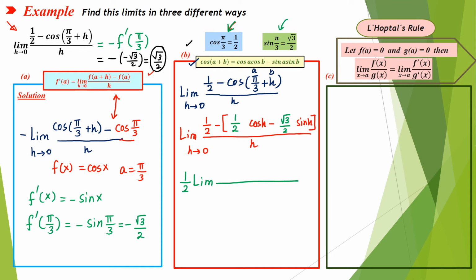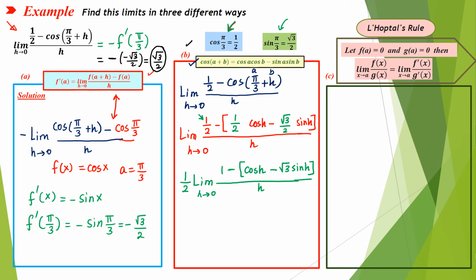We have 1 here, then minus cosine h, then we have minus square root of 3 times sine h, divided by h when h goes to 0.